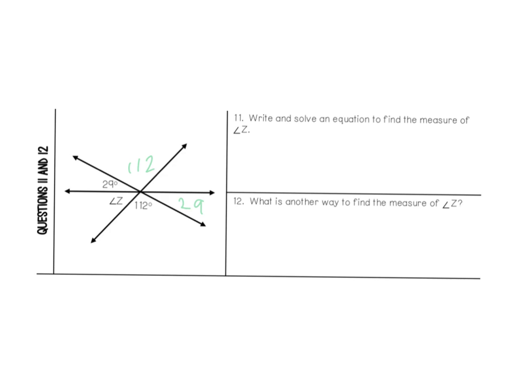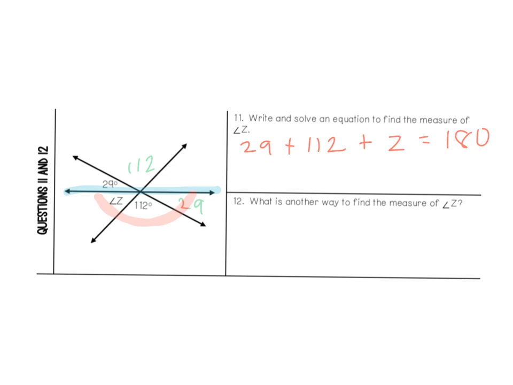Now I can look and say, okay, what kind of relationships do I have here? If I look at this, I see my straight line going through the middle, and I can see that a supplementary angle is being formed here. So if these three create a supplementary angle, I can say 29 plus 112 plus Z equals 180.